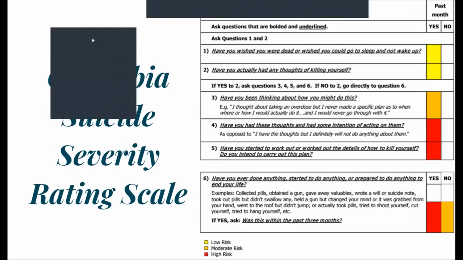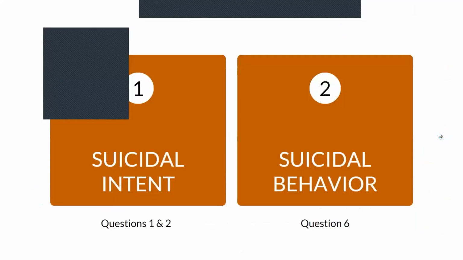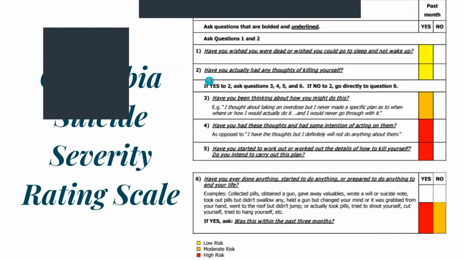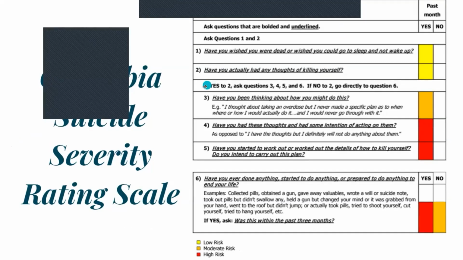You can see it's short. There are 6 questions, and it's asking for symptoms within the past month. So the first 2 questions are asking about suicidal intent. And then, so you ask questions 1 and 2. If 1 and 2 are no, or if 2 is no, then you go directly to question 6.